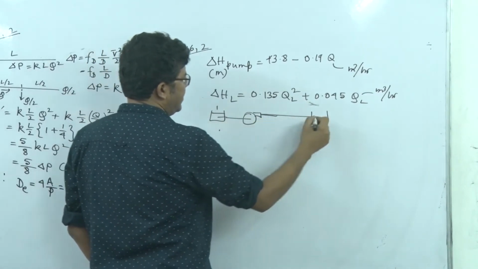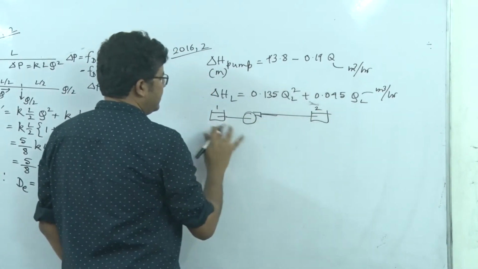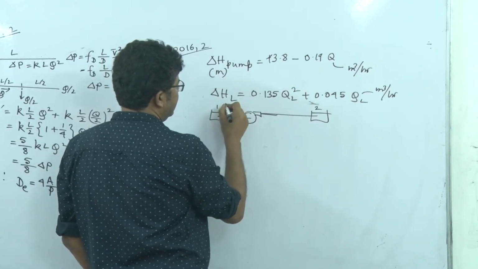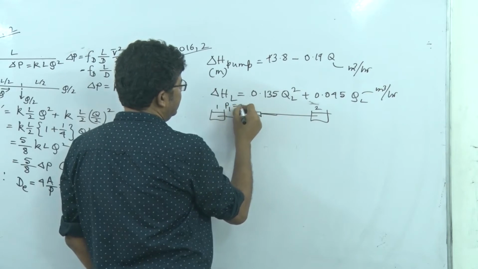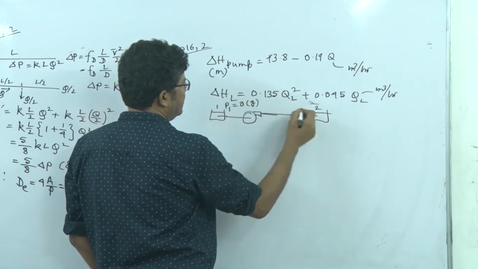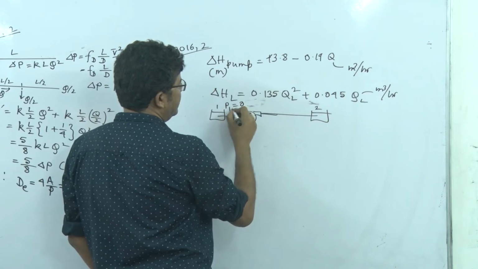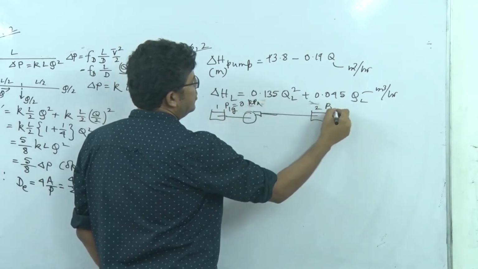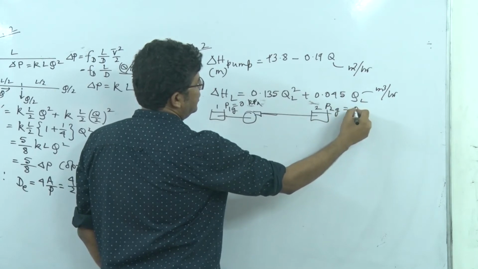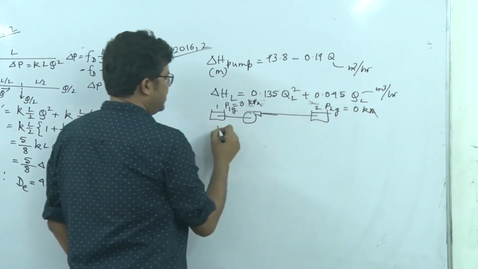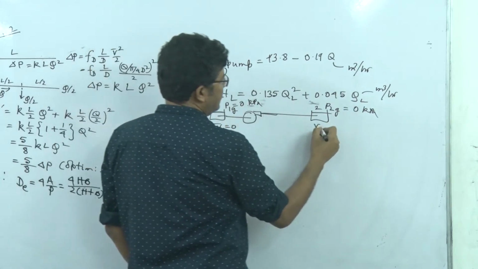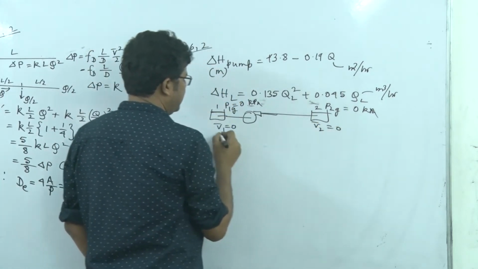So if I apply Bernoulli, you see 1 and 2 are at atmospheric pressure, so P1 gauge is equal to 0 kilopascal, P2 gauge is equal to 0 kilopascal. Here V1 bar on the surface of this tank is 0, V2 bar is 0, right?